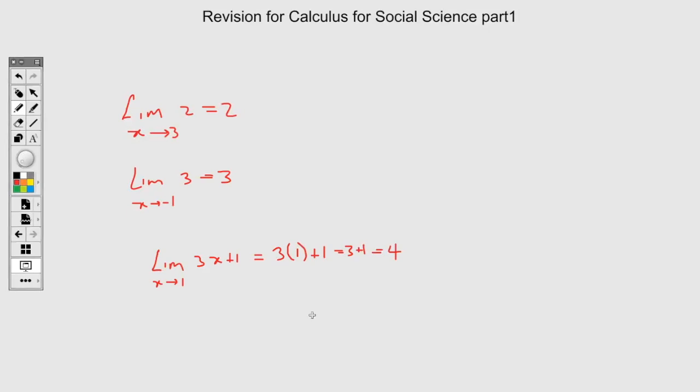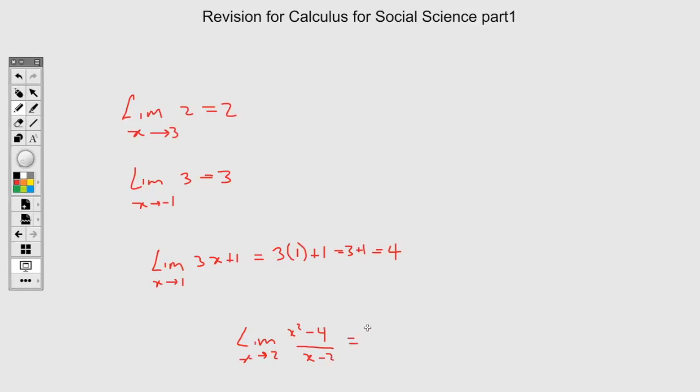Now, we can also have, for example, the limit as x tends to 2 of x squared minus 4 over x minus 2.